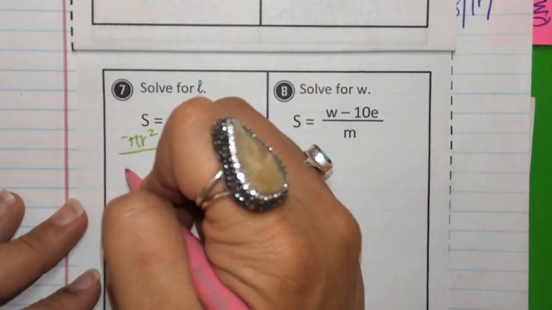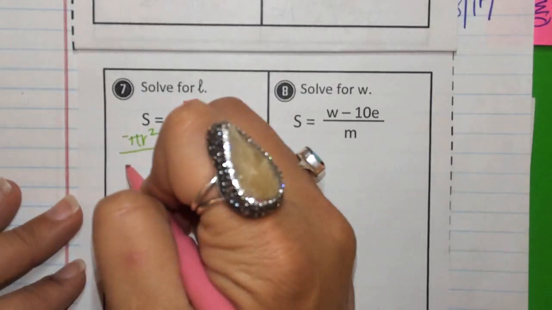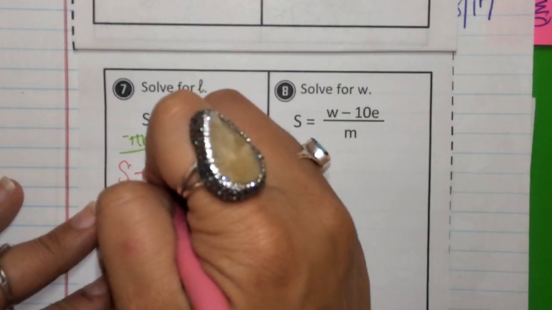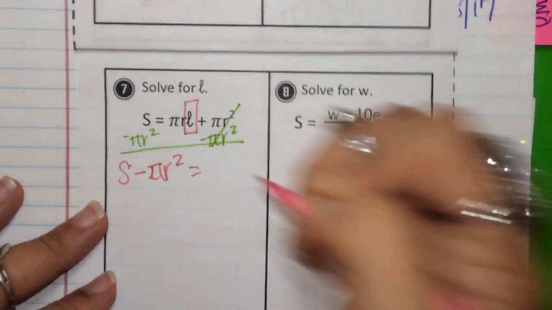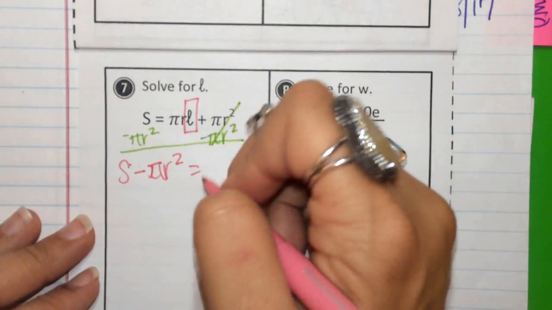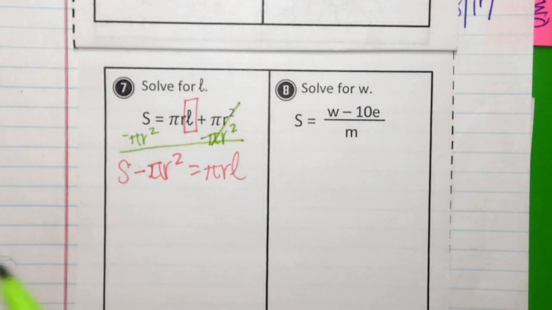Okay, so that's going to give us what on the left-hand side? S, and then whisper, whisper, whisper. I think you said pi r squared equals, and then what's left over here? Pi r L. Is L by itself?